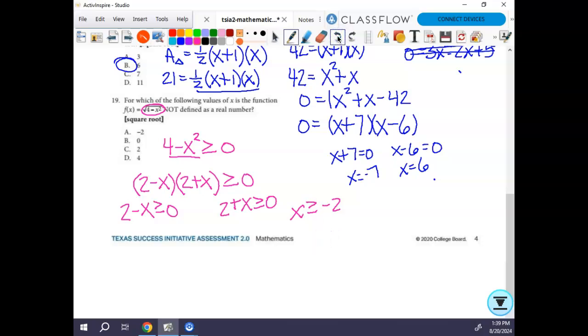So here I subtracted 2 from both sides. Here I'm going to add x to both sides. So I get 2 has to be greater than or equal to x. So x has to be less than 2 or greater than negative 2, which means my answer is 0. Okay? It is not 0. Hang on a second.